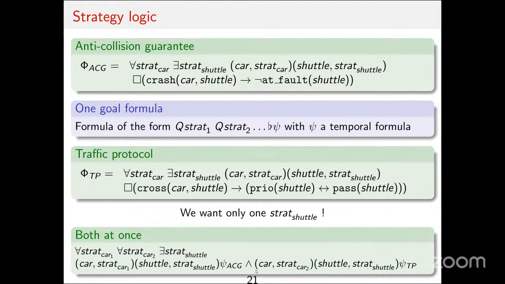And if the car plays the second strategy, then the shuttle must satisfy the traffic protocol formula. And so you see that it's the same strategy for the shuttle that has to react to different strategies for the car. And this is the point of strategy logic. Unfortunately, there is a problem with this view.